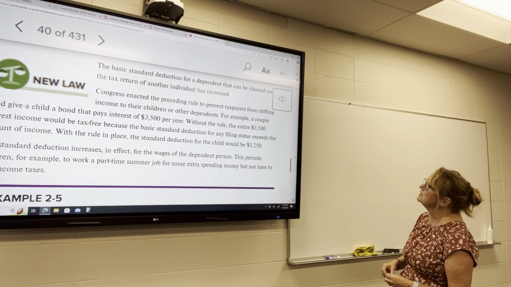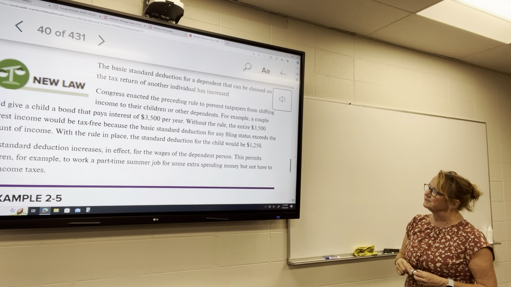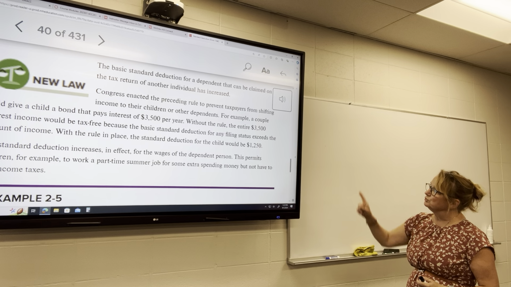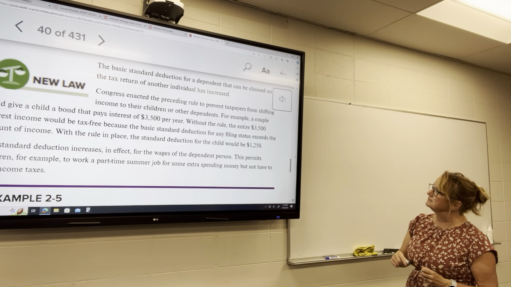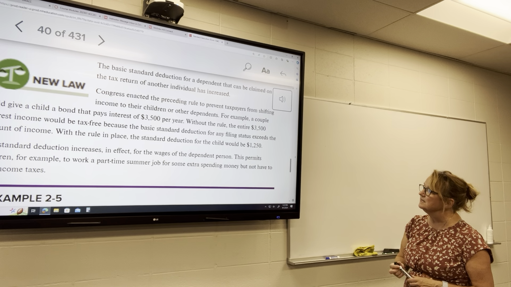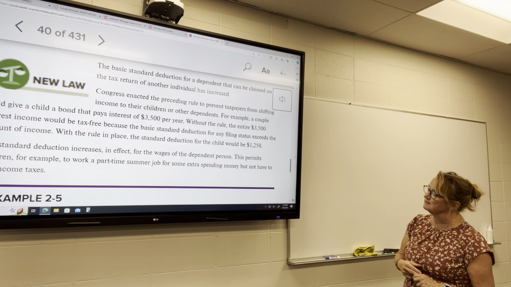Well, a couple could give a child a bond that pays interest of $3,500 a year. Without this rule, the entire $3,500 interest income would be tax-free because the basic standard deduction for any filing status exceeds the amount of income.